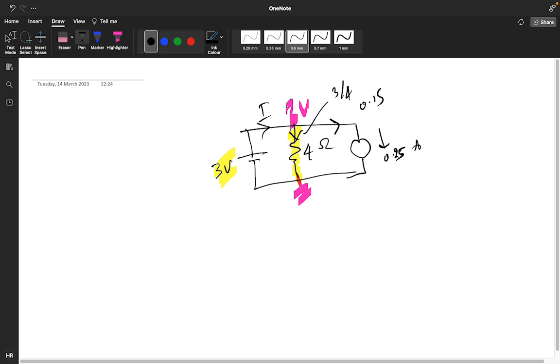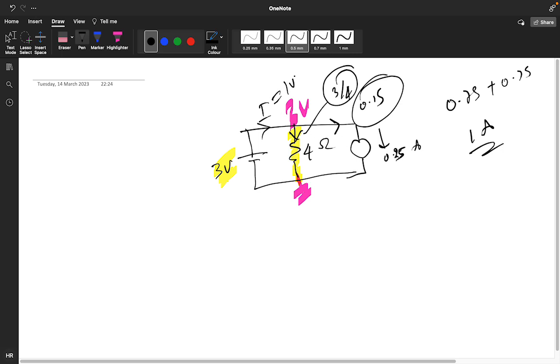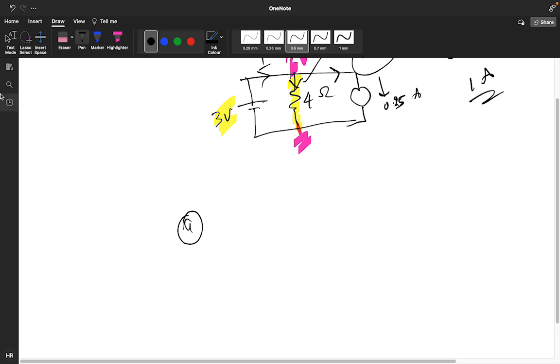So what will be the overall current? 3 by 4 plus 0.25. So 3 by 4 is 0.75 plus 0.25, you will get 1 ampere. So current will be 1 ampere. So what will be the option? Option A is correct for this question. So question 18, we did it.